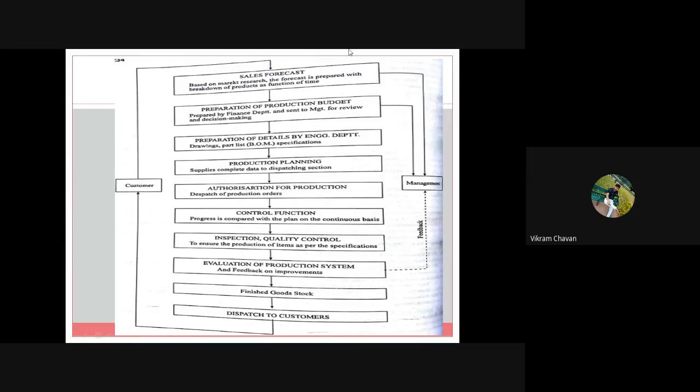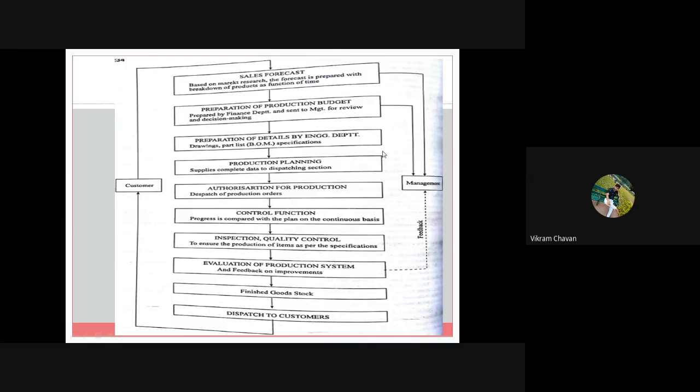This requirement will be taken by the sales department or the marketing department by carrying out market research or sales research. For that purpose they will take the help of surveys and feedbacks, and they will generate the data, and the report will be submitted to the management.